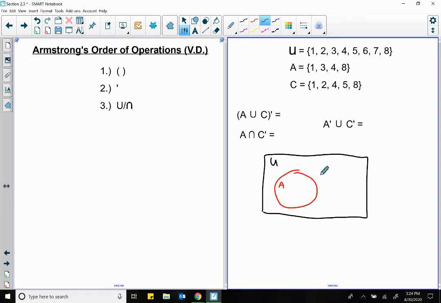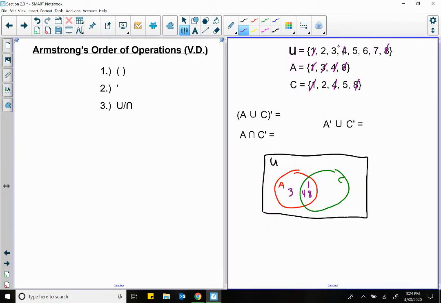Set A. And this time it's set C. So again, remember, we always start in the middle. So what do A and C here have in common? Well, they have a 1 in common, a 4 in common, and the 8 in common. So I'm going to put a 1, a 4, and an 8. Cross those off because we will not use those again. Okay? Now, right here it says, tell me what's left in A. So the only thing left in A is 3.